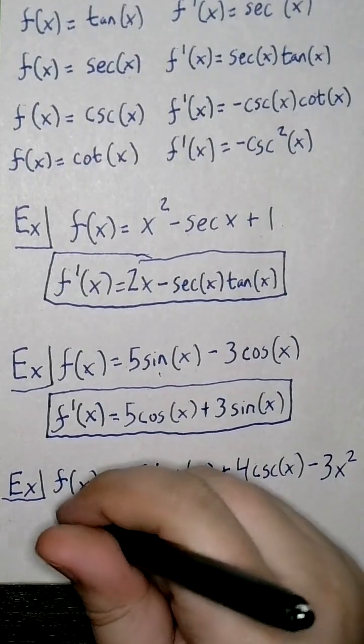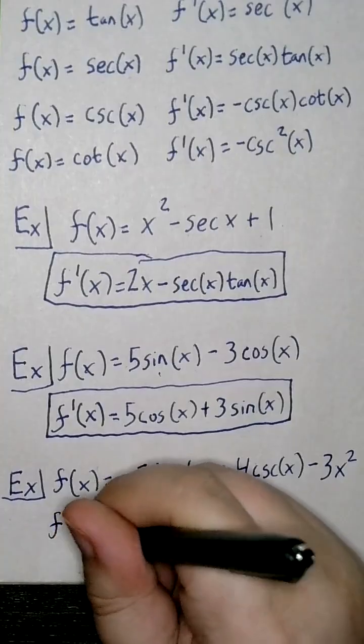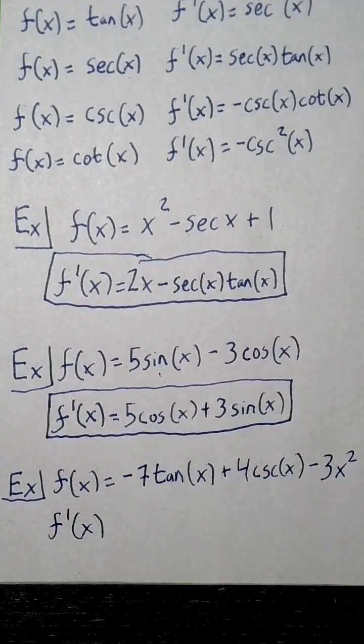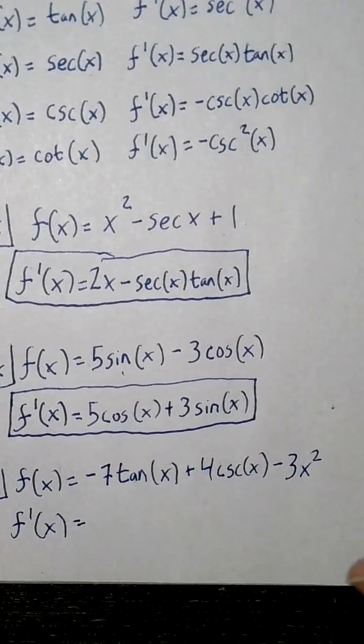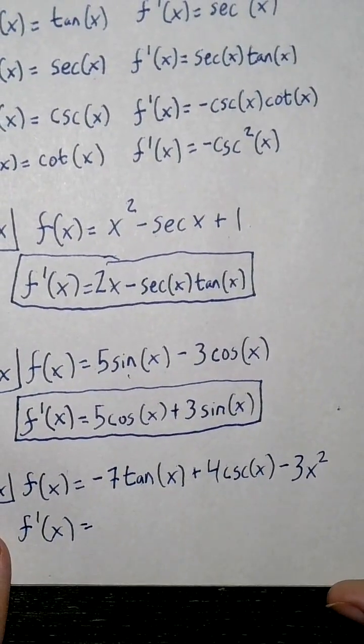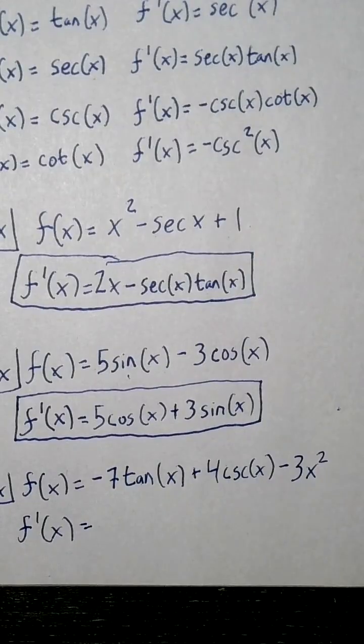So now, go ahead and give that a try. What would be the derivative of this function? And also, let me move it a little so that it's more centered. Everything you need is on the screen.